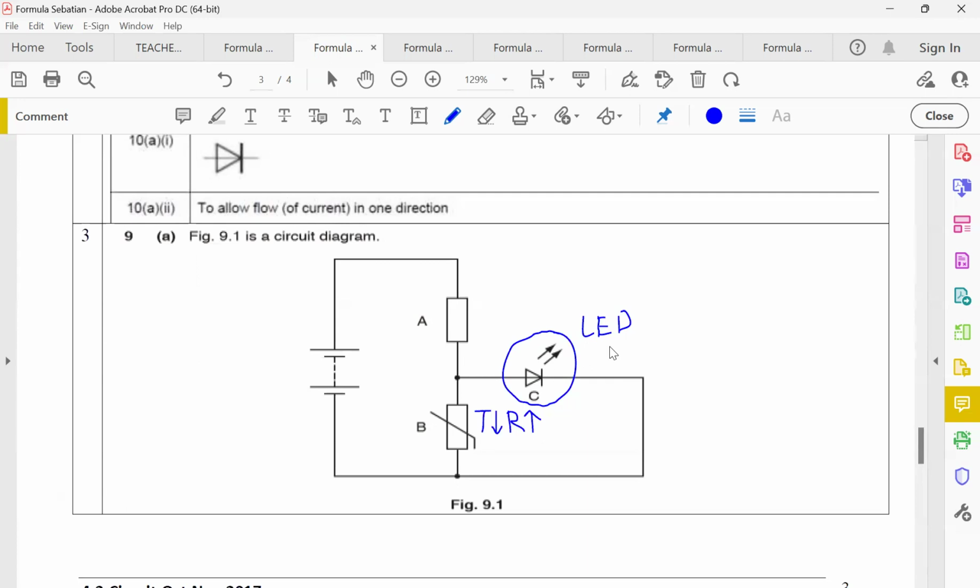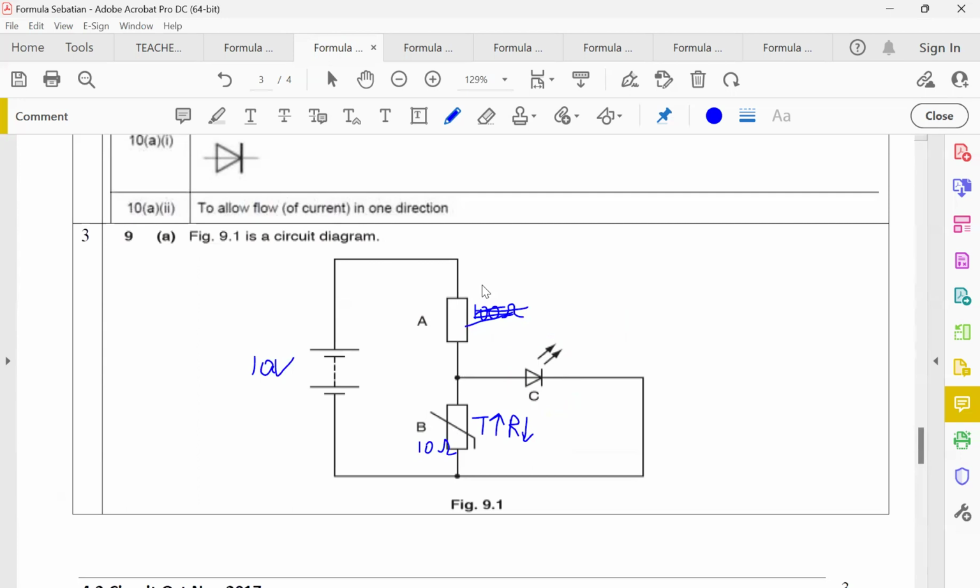So let's say, for example, before the temperature change, maybe the temperature was high and the resistance was low. Let's say in this scenario this was 10 ohms and this thing was 90 ohms, easier to distribute, and there is a total of 10 volts here.